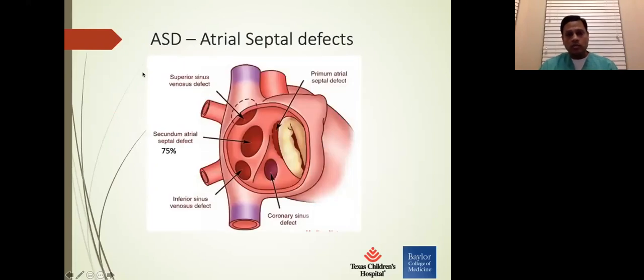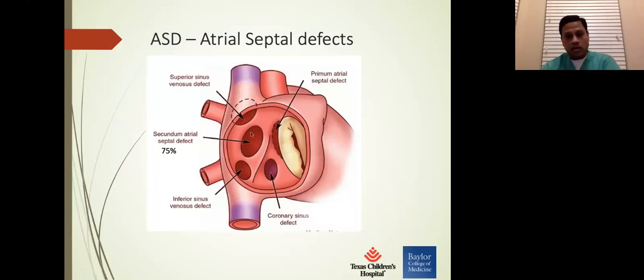As you probably have learned before, there are 4 types of ASDs. The most common is the secundum ASD, which is the deficiency in the floor of fossa ovalis, and about 75% of all ASDs are secundum ASDs. Then you have sinus venosus defects, which could be of 2 different types depending on their location: SVC type and IVC type, which is less common than primary atrial septal defects, the second most common atrial septal defects.